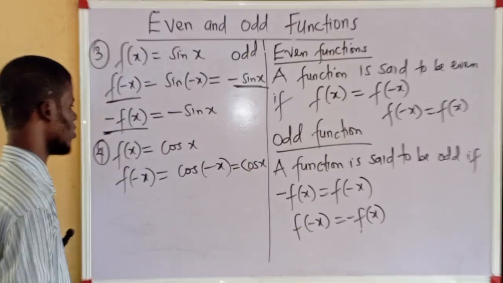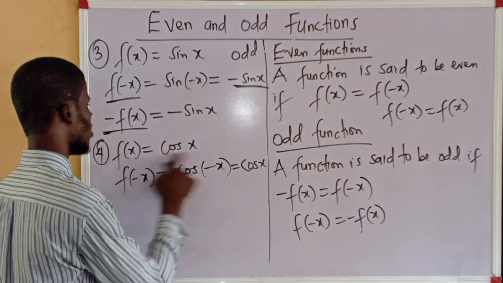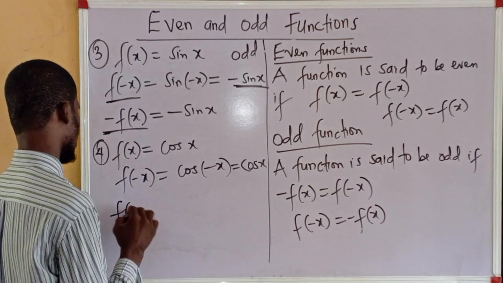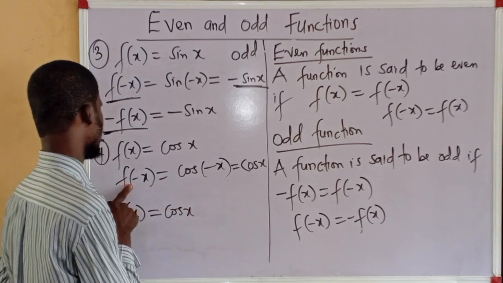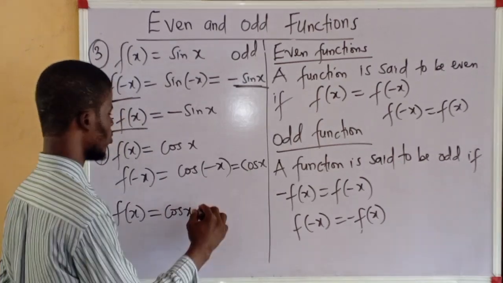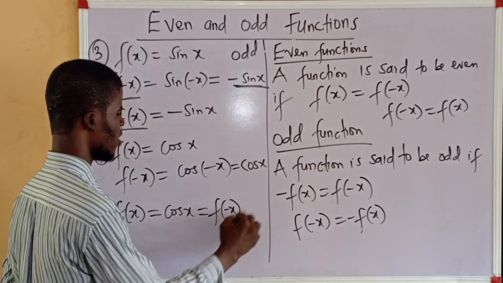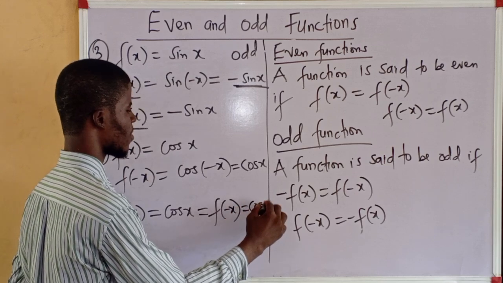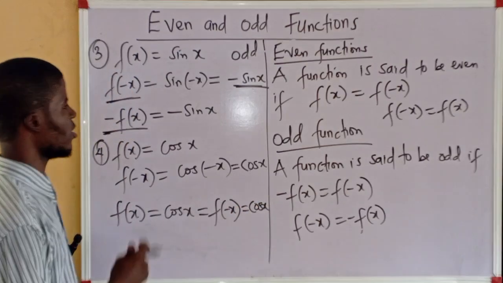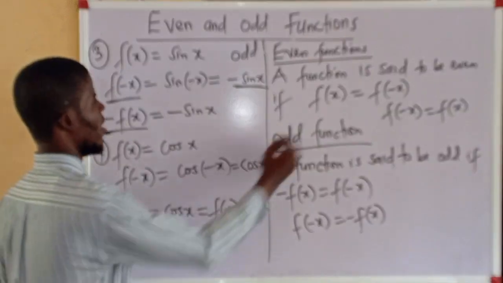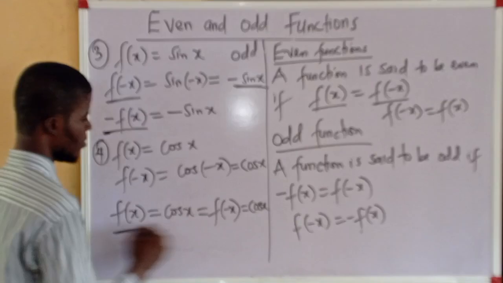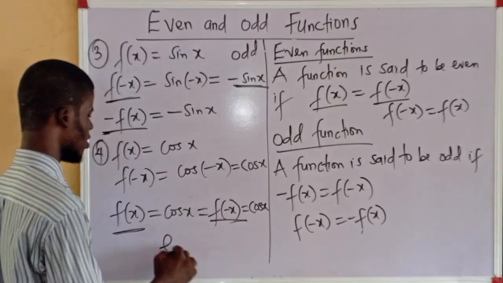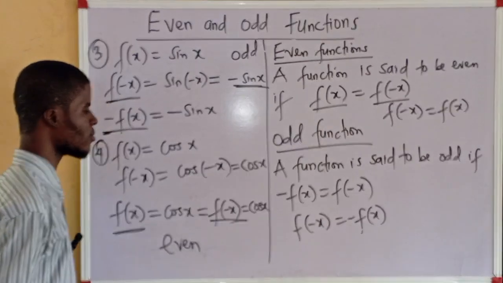So what can we see now? f of x is cos x, and f of minus x is equal to cos x as well. So based on the principle of evenness, f of x is equal to f of minus x. They are the same. So cos x is an even function.